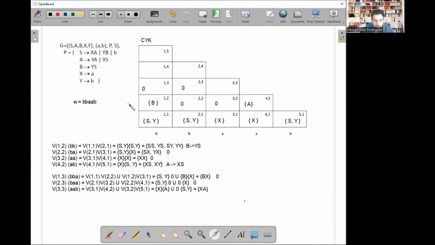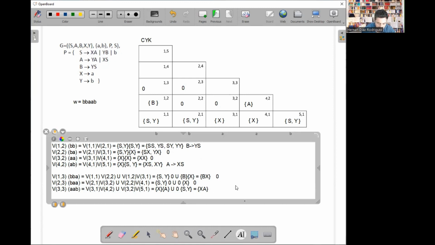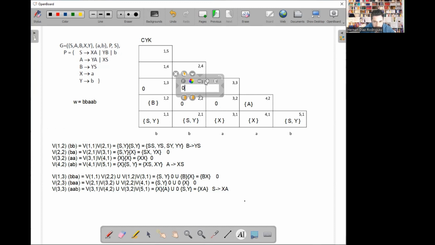If we look into the grammar, we can see how we can generate this from the starting symbol. We could say that S generates XA. So we go to the cell and we can fill it with S.